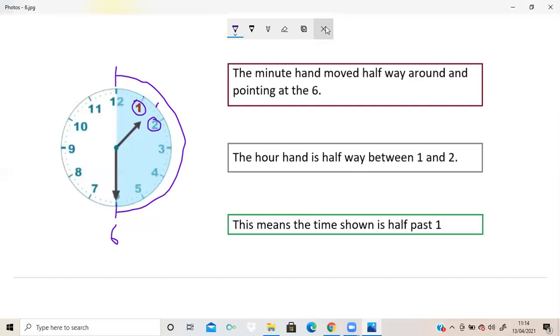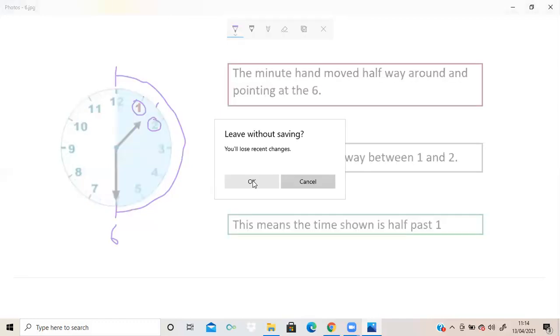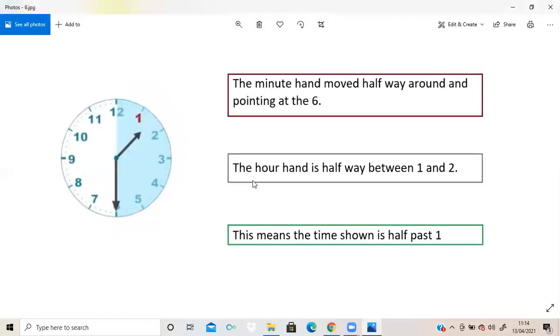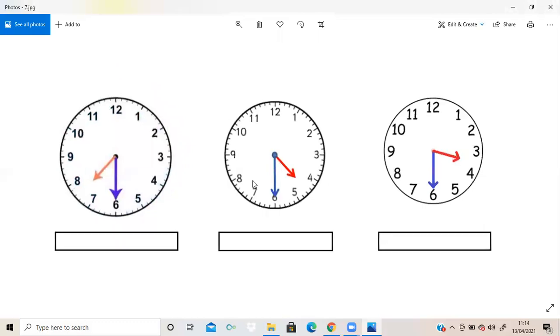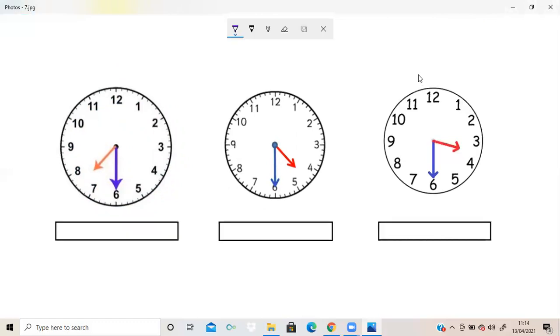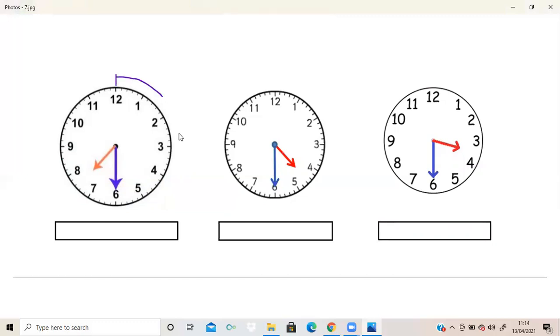Now we're going to practice some more clock faces, then it will be very easy for us. Now look at this picture. We're going to talk about the first one. In this clock, the minute hand started its journey from 12, moved halfway around and is pointing at 6. And where is the hour hand, the short hand?